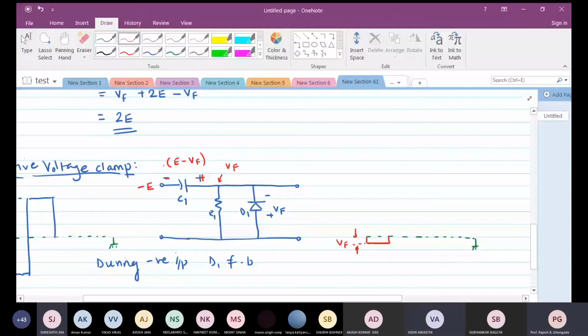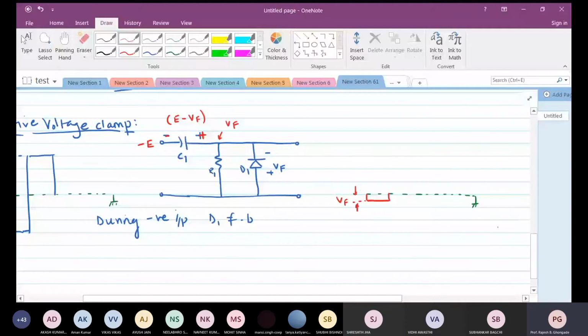Is this clear? But the voltage depends on polarity, like the sign. Which side of the capacitor is positive? The right hand side is positive, because the left side is negative. So naturally the voltage will be E minus VF across the capacitor.